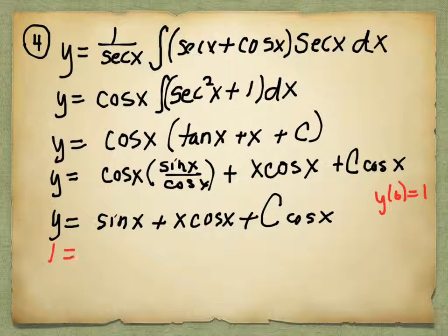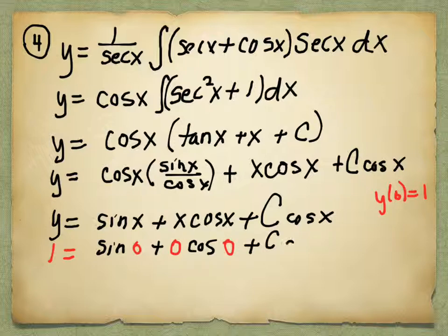So this is 1 equals sine of 0 plus 0 cosine of 0 plus c cosine of 0.